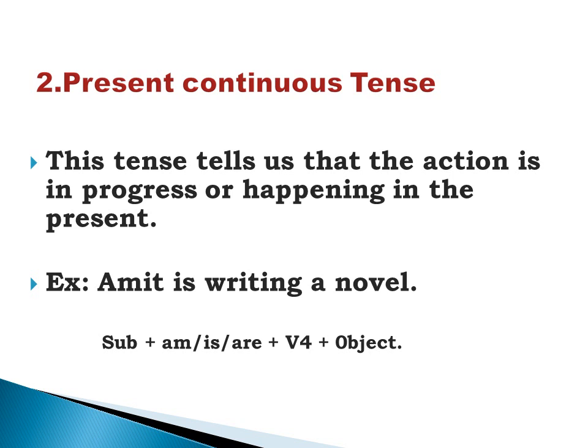The formula for this is subject, am is are auxiliary verbs depending upon the person of the subject. We always use ing form, the V4 form in continuous tenses, whether it is present continuous, past continuous or future continuous, and then followed by the object. This is a formula.